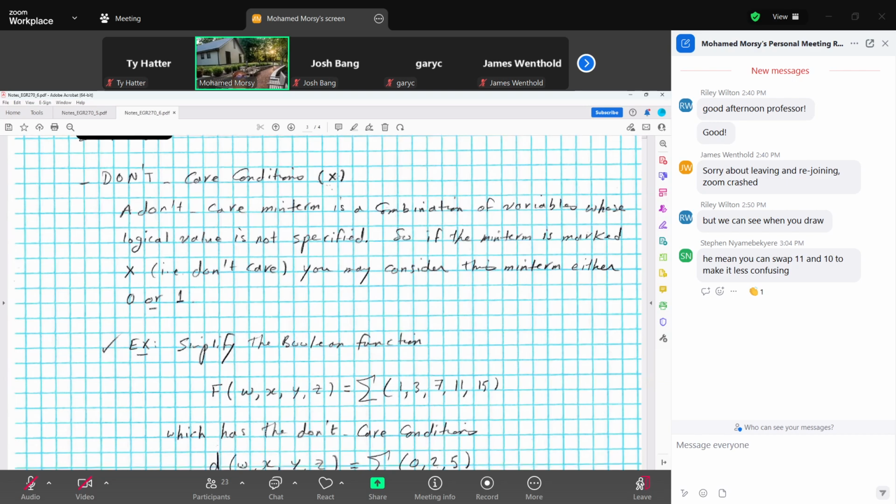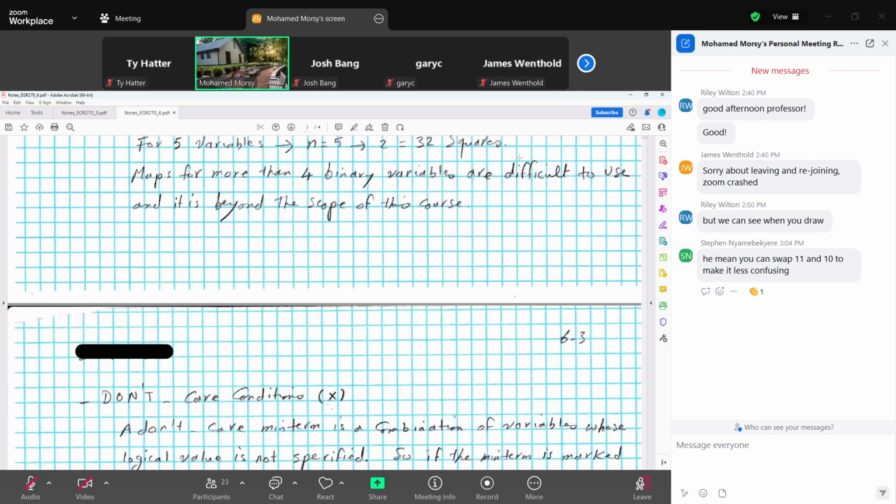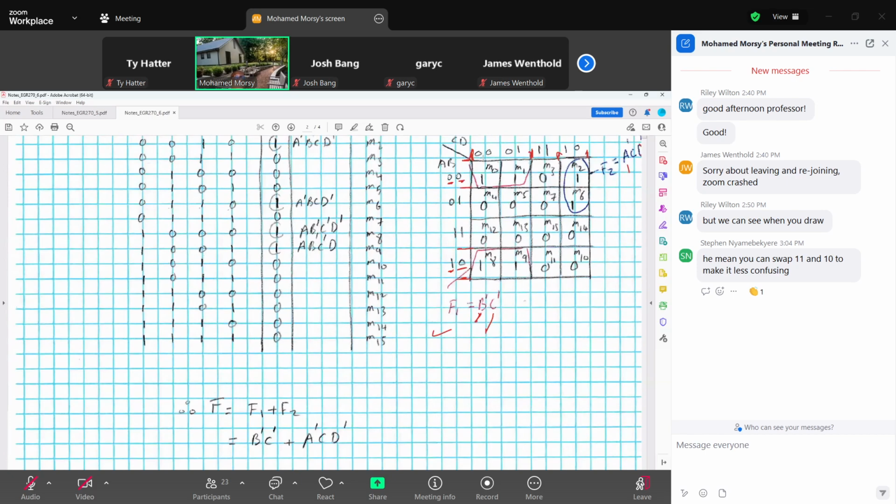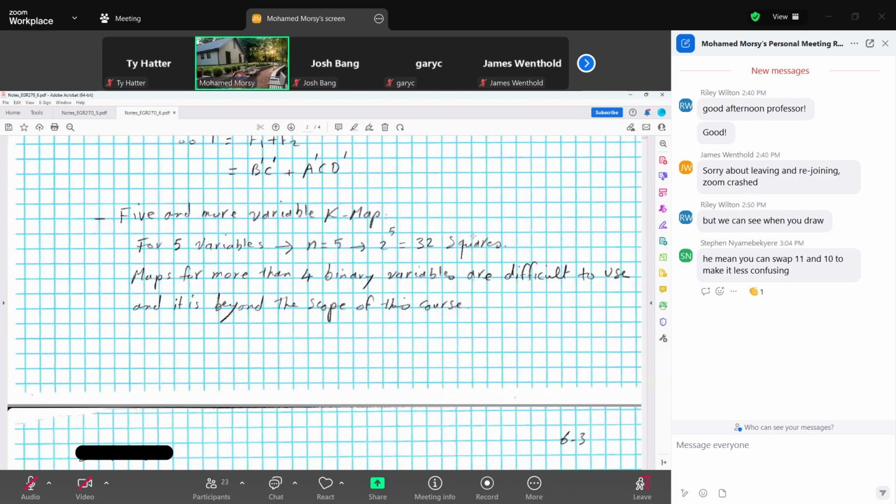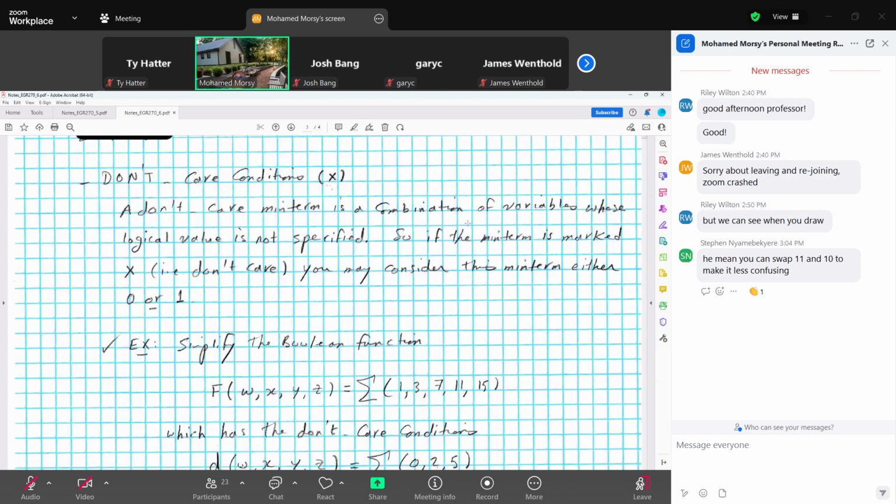A don't care minterm means a combination of variables whose logical value is not specified. So in the Karnaugh map, if one of the minterms or more than one, instead of 0 or 1, you see X inside the box, X means the value here is not specified.